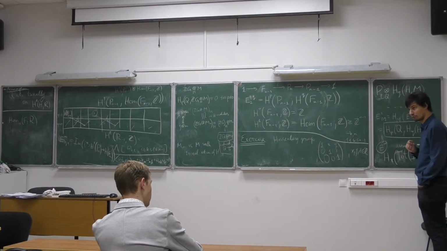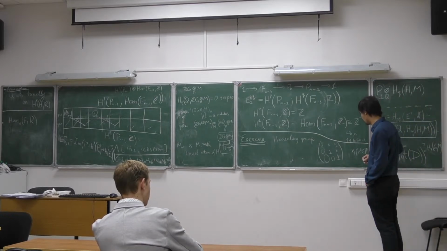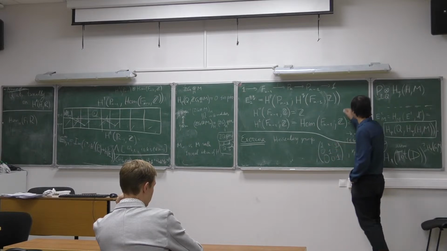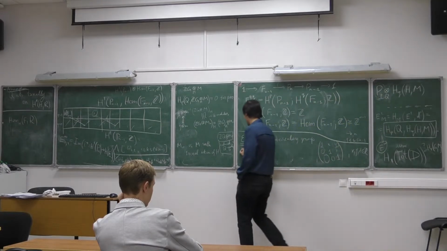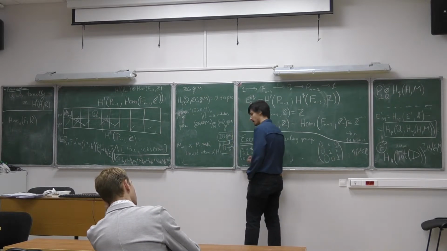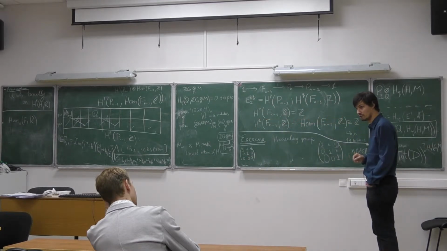This group is not commutative, but it has a commutative subgroup. Well, which of them is commutative? If we have just matrices of such form, then they form a commutative subgroup, and the quotient is also commutative.